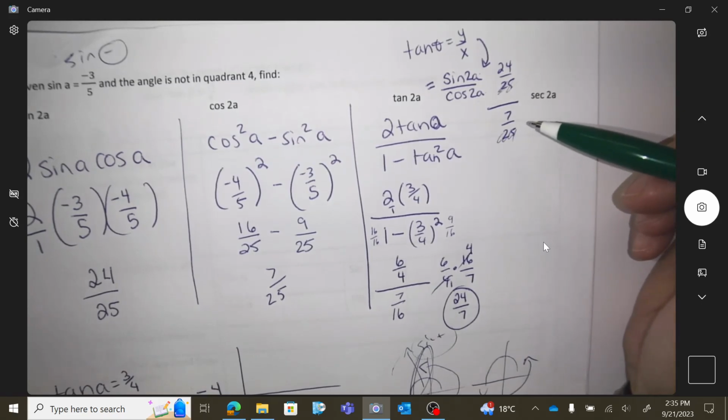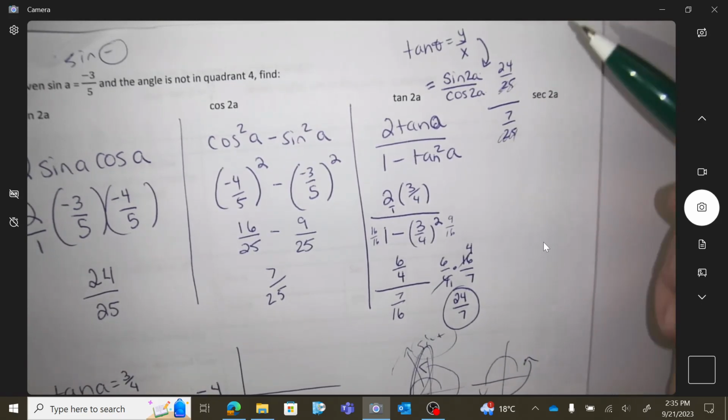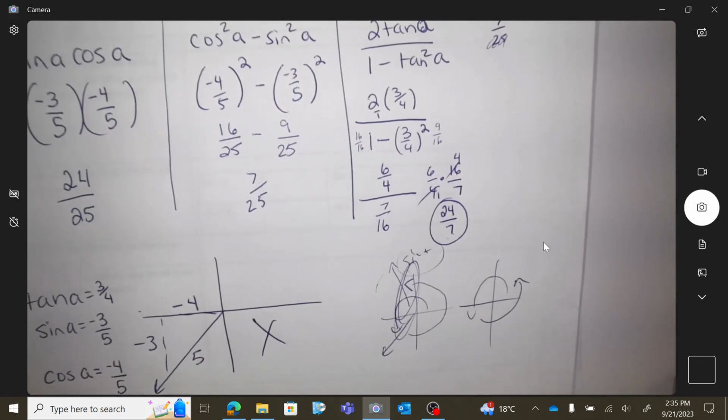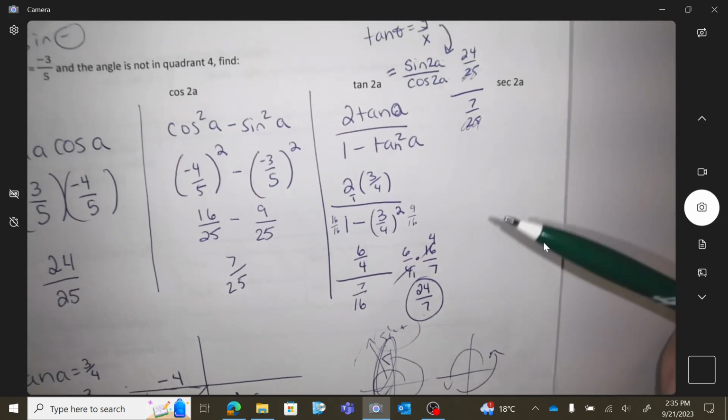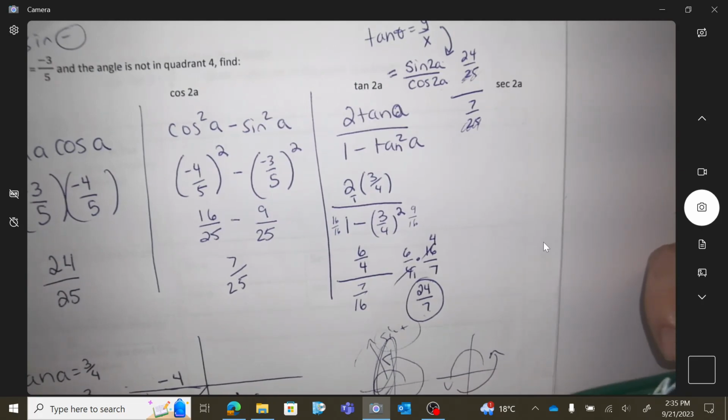The 25s would be gone, and what do we get? Same fraction, right? So there you can see that they both would work.